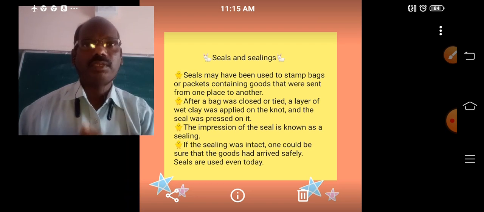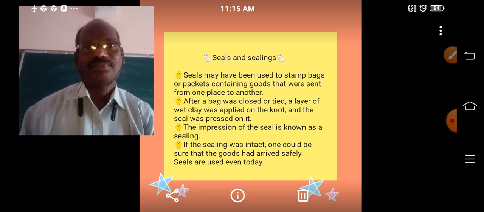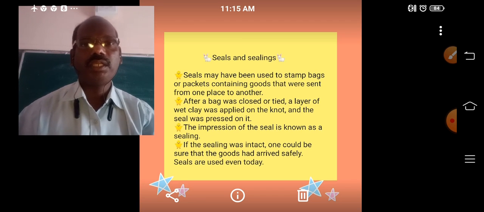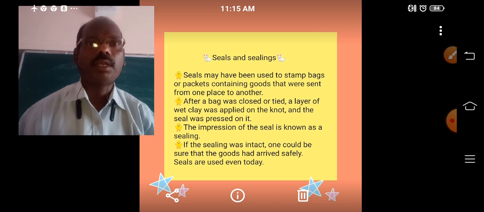That activity is called sealing. If the product reached its destination without any damage to the seal, it means the product and the bag are very safe. So they used the seal and they made the seal.